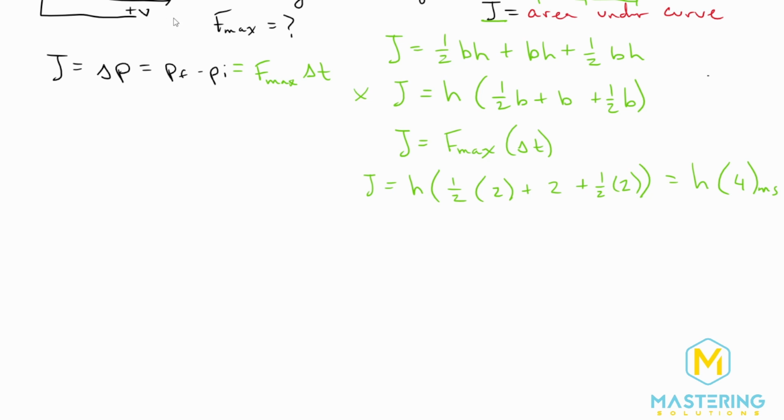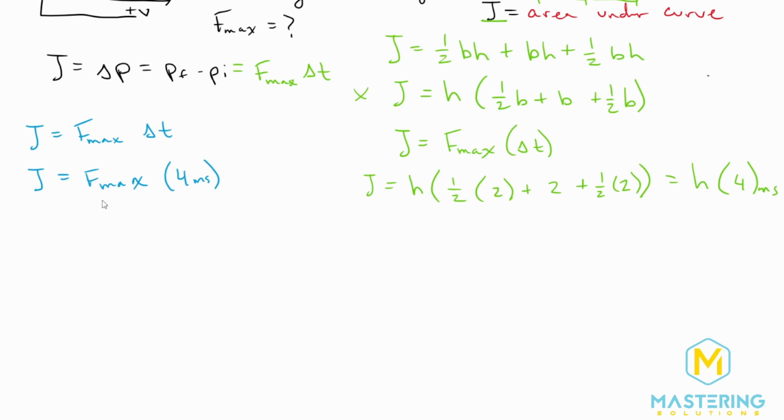So let me rewrite this just to be really clear. So J is equal to Fmax times the change in time. And we said h is the Fmax and the base is the time. So we just found J is equal to Fmax times 4 milliseconds.